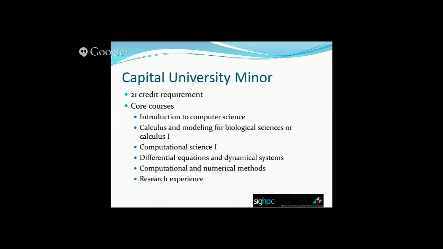There's a mathematics requirement, and so for their biology majors, they actually have a special course to get them into calculus and modeling because they tend to come with weaker mathematics backgrounds. Computational Science 1, which is more modeling and simulation. You see the differential equations and dynamical systems, computational and numerical methods, and they also have a research experience requirement.